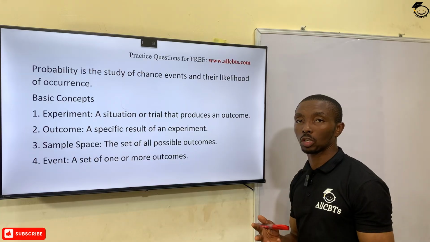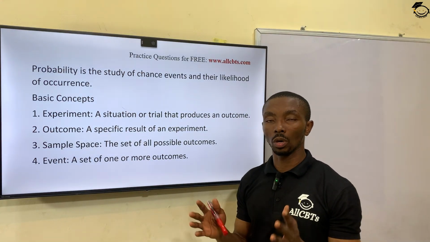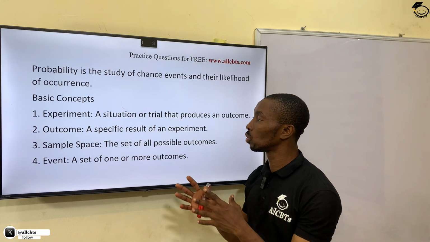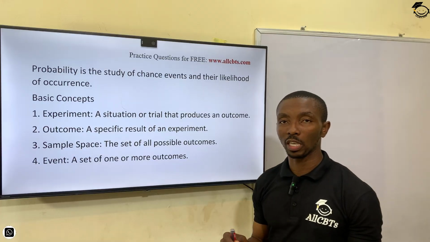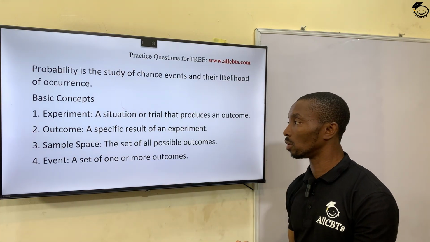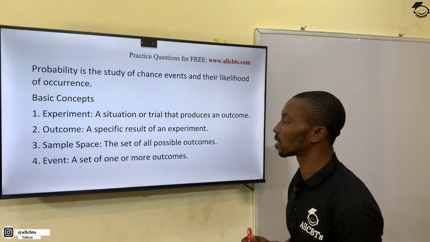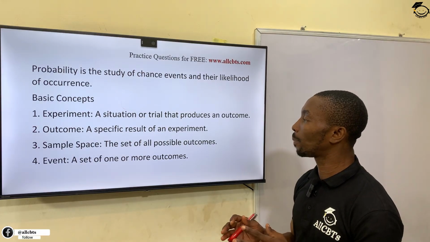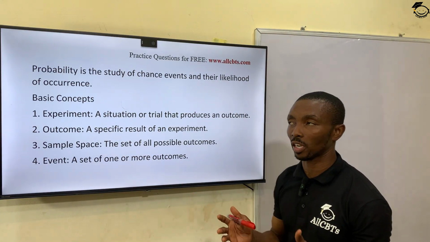The outcome of rolling a die is that we get a number between 1 to 6. That is specific. Or we toss a coin, and it lands with either a head or a tail. That's an outcome. Now, the sample space is the set of all possible outcomes in an experiment.